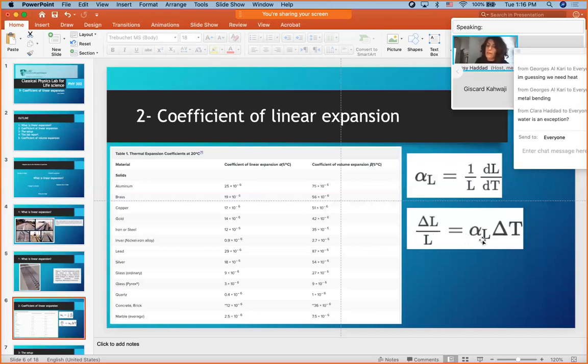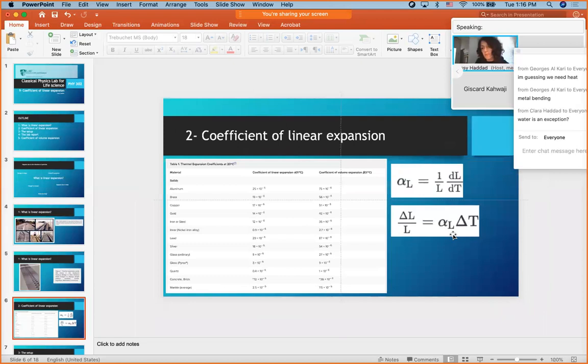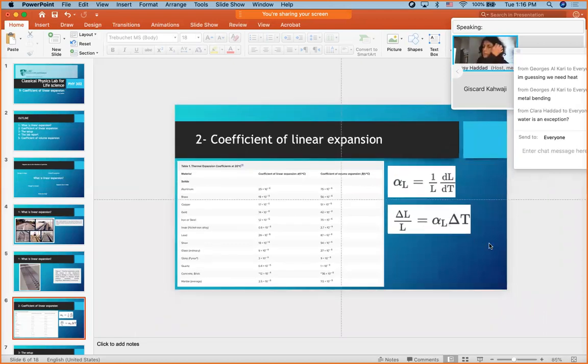and alpha, if you think about it, will have a unit of, can you guess what is the unit of alpha? Yeah, give it a try. Could it be, I don't know, centimeter to the -1? Could it be unitless? Could it be, I don't know, degree C?